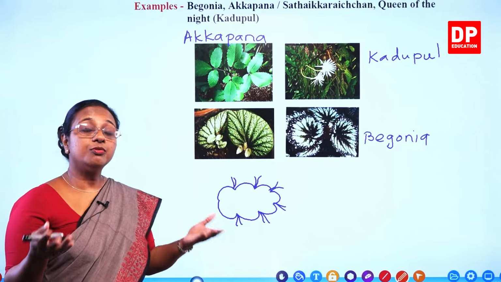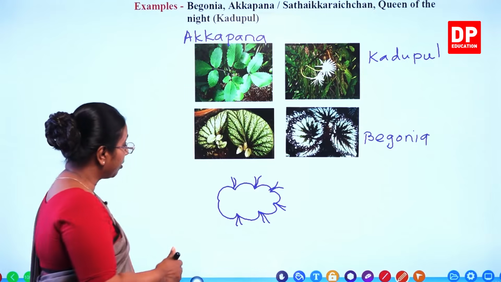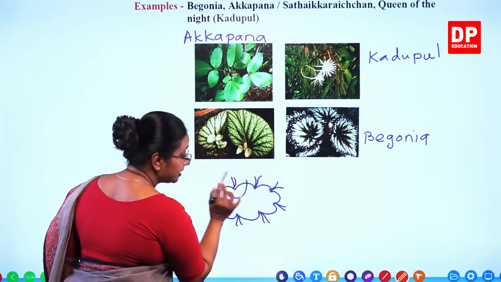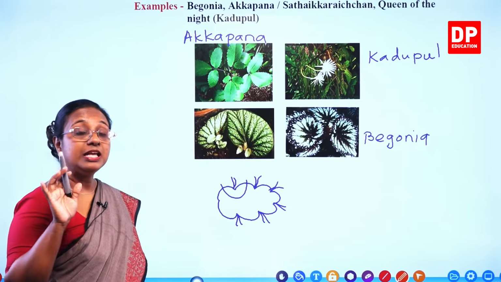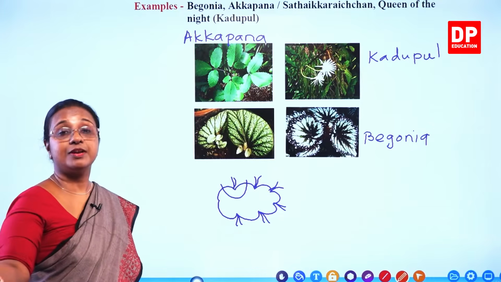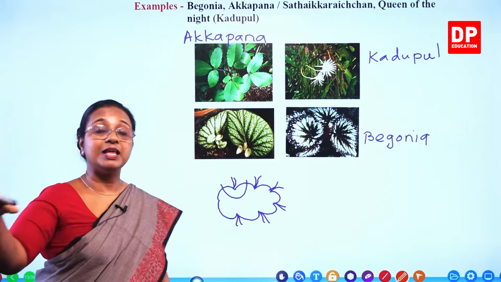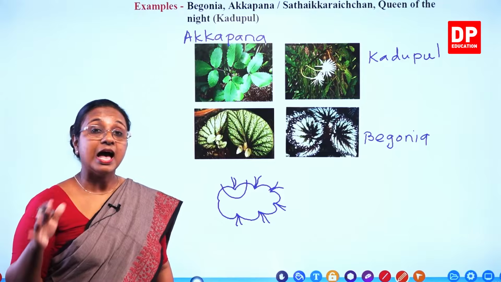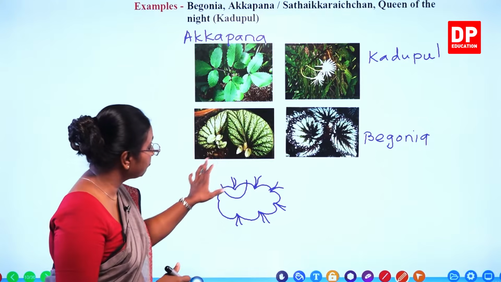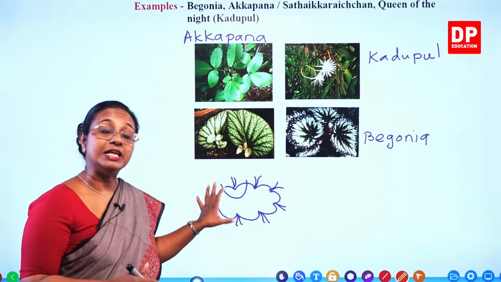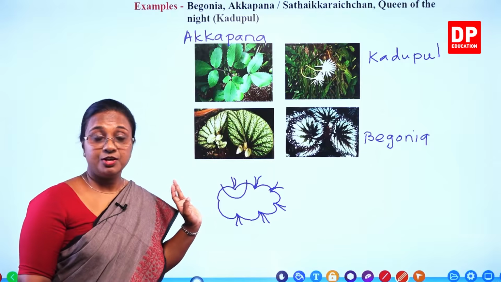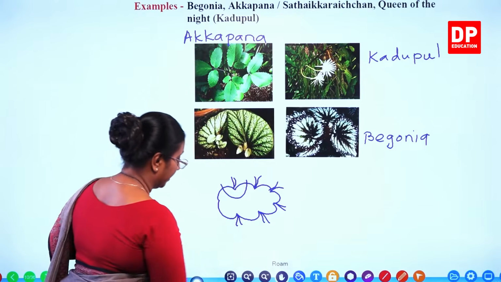So, they can all grow into new plants, or if we want, we can cut off each of these parts and replant them in some other place. This is a natural process, but if we want the plants to grow in different places, we can do that. Otherwise, naturally, the roots form and all the plants will grow near the mother plant itself. So, you all have seen this happening.